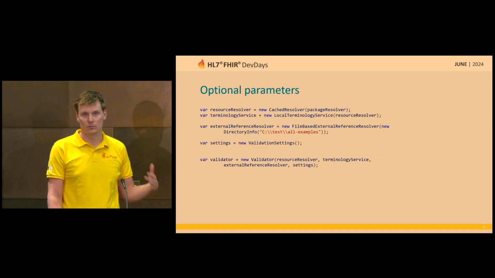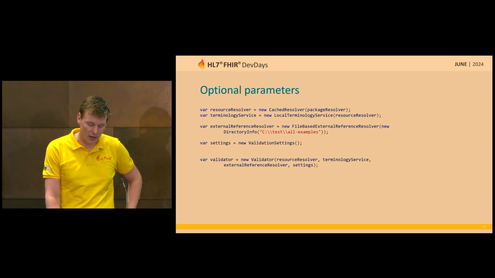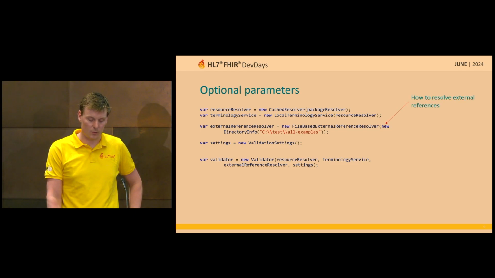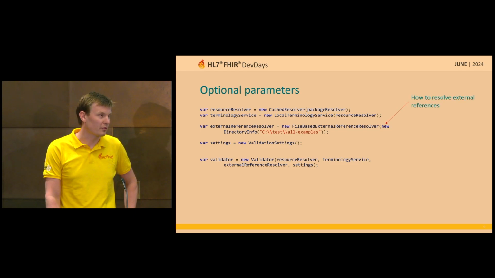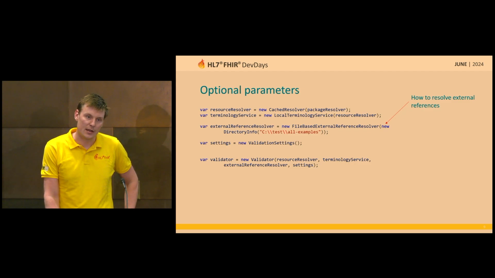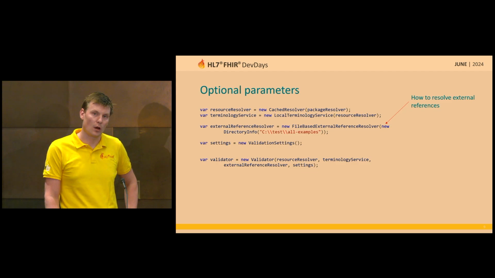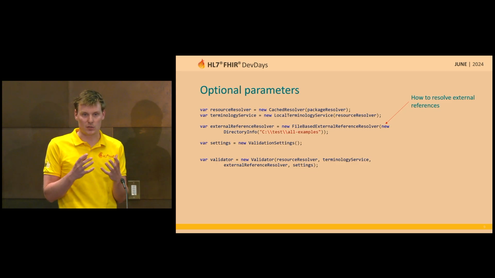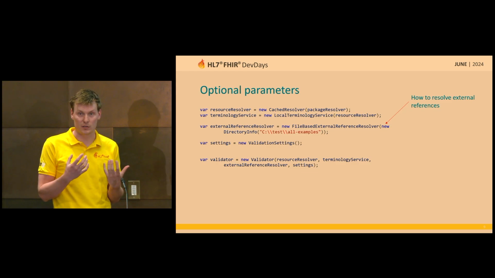So next to the easier ones on how to set up the validator, we have some optional parameters as well. You can provide it with an external reference resolver, and that is how we get you to also validate the resources that are referenced by the resource you are validating.